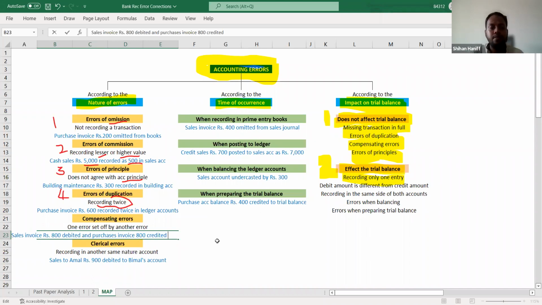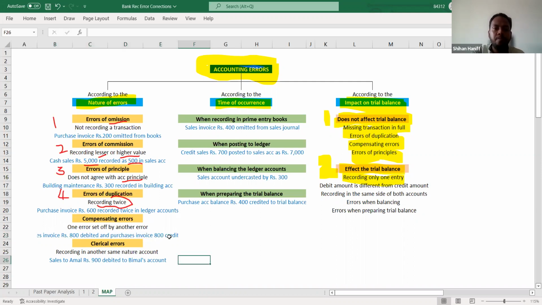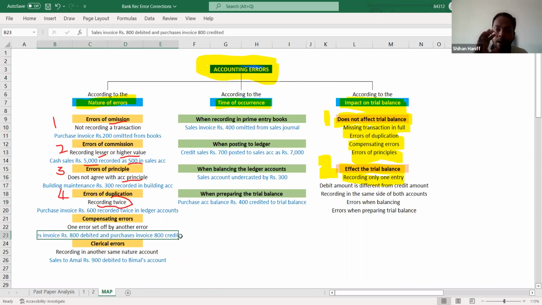So that means sales invoice 800 debited to sales account, purchases invoice 800 credited to purchases account. So likewise, one error compensates with another error. Then trial balance will be equal, but there are errors.